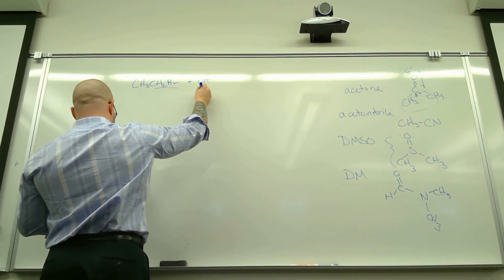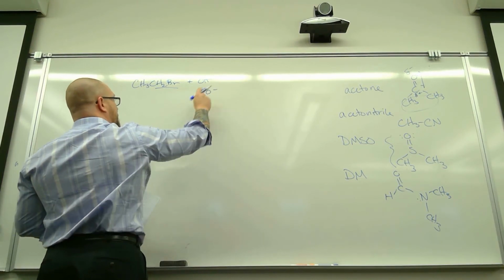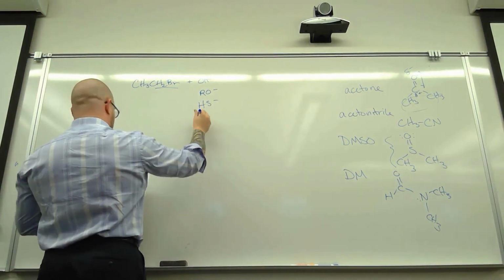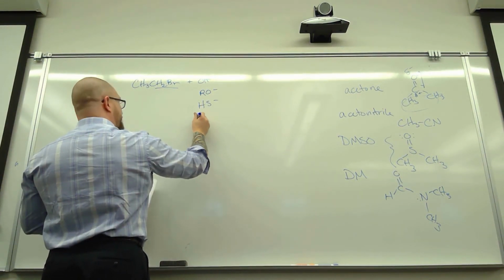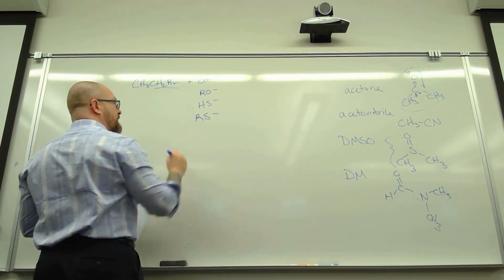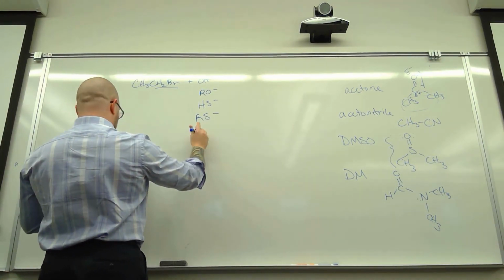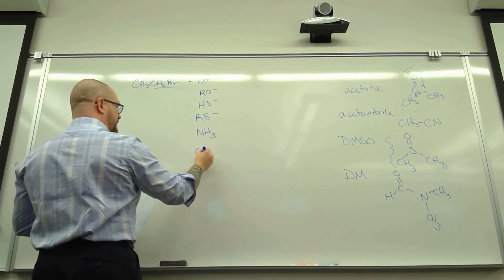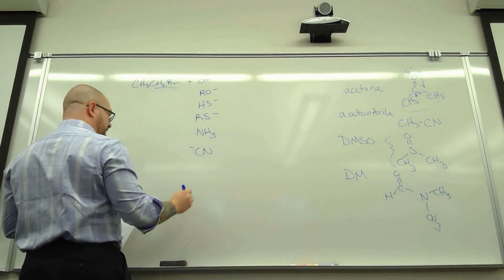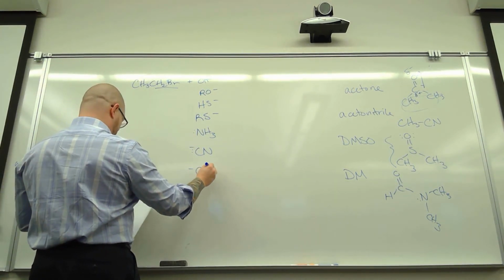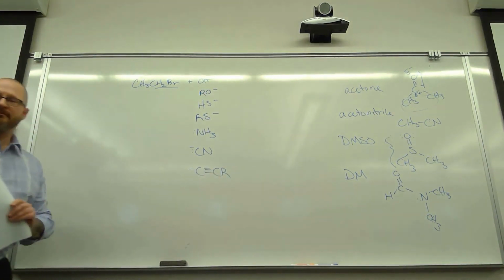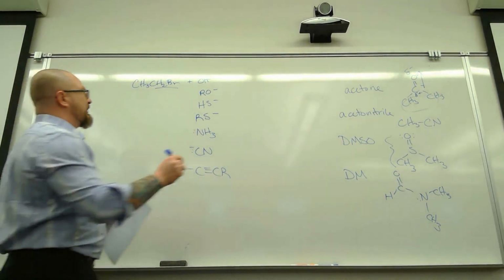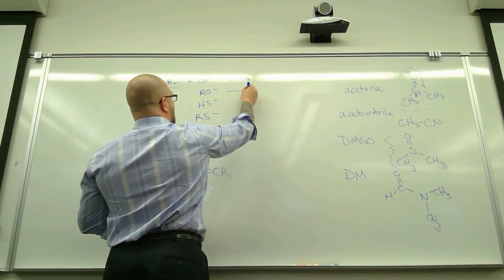You can use hydroxyls, you can use alkoxides, you can use the sulfurous equivalent of your alcohol, you can use ammonia, you can use cyanide, you can use, we've already done this one, alkyl anion, and we can make tons of categories of products.